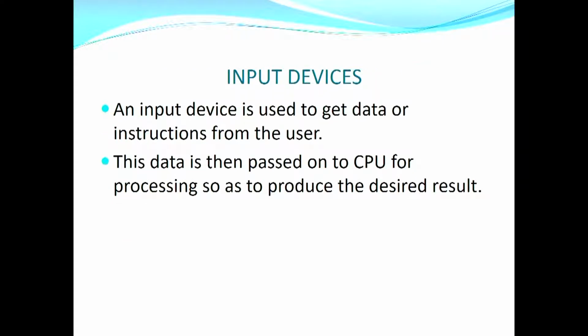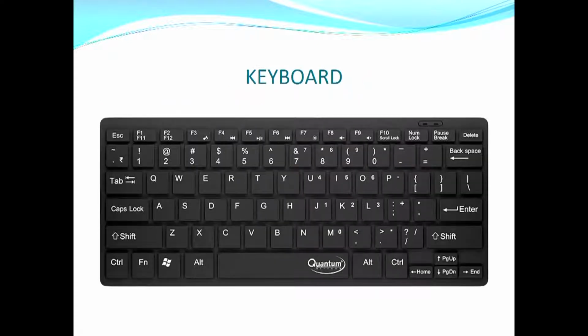So let us talk about input devices first. An input device is used to get data or instructions from the user. This data is then passed on to the CPU for processing so as to produce the desired result. Firstly, let's talk about one of the majorly used input devices, which is a keyboard. So this is what a keyboard looks like.